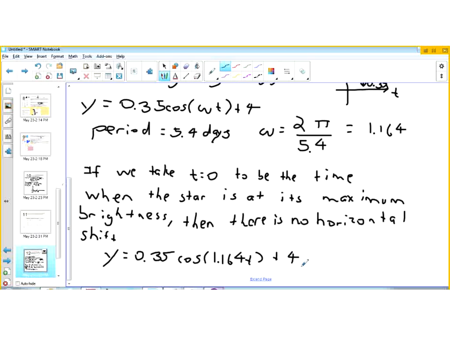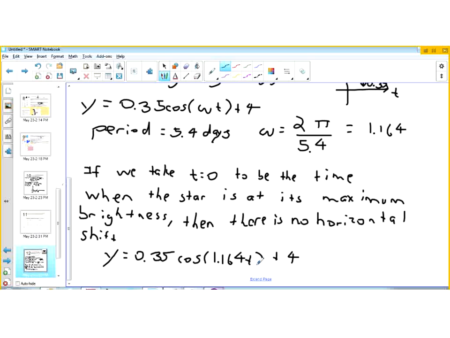Okay, so there's your equation, and of course we don't have C. If we were to inject a C in here, then the maximal output at t equals 0 would not be 4.35, and we would have issues with that, and it would be a much harder problem.